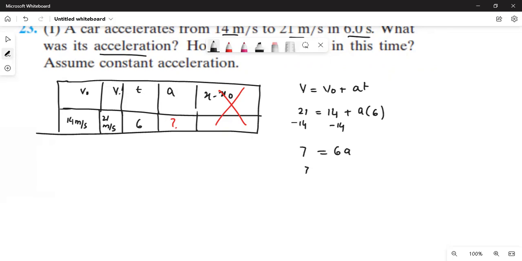So I got 7 over 6 is equal to a. So finally my answer is 7 over 6, which will be 1.16 meter per square second. So this is the final answer for that one, and this is how we can continue with this one.